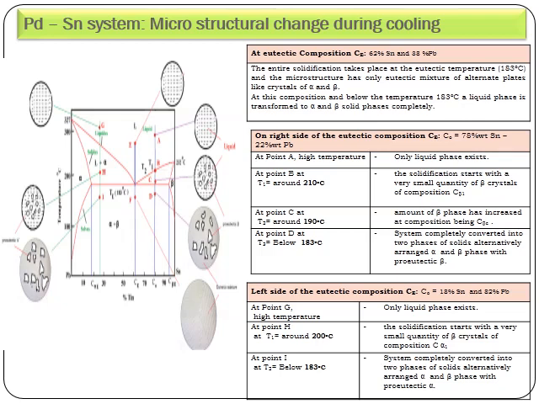I am reminding you the microstructural change or microstructural occurrence which is going to be present in the system will decide the property of the resultant product.